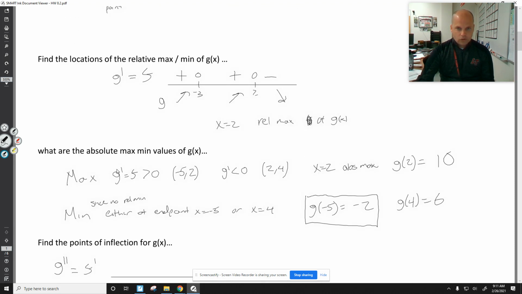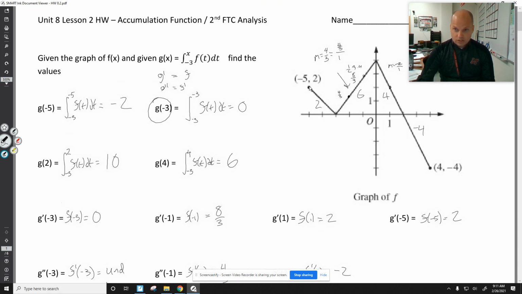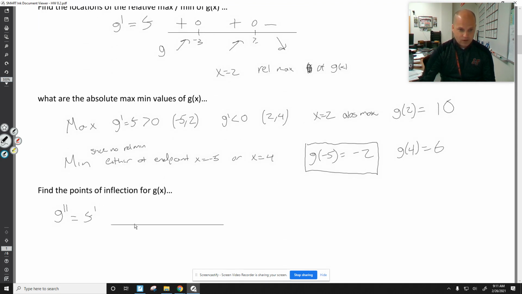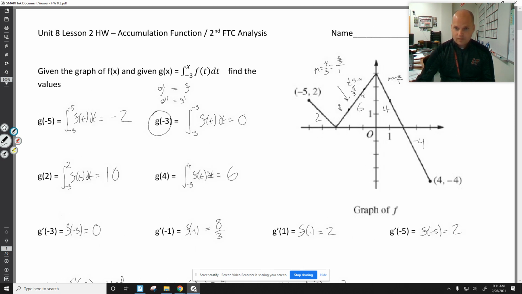Well, let's look at our graph. The slopes of F, which are F prime values, are negative. This slope is negative until negative 3. Now at negative 3, it's not 0. It's undefined. I don't know what the value is because it's a sharp point. That's okay because the slopes are negative and then the slopes change to positive. They are positive until we get to 0. The slope of this line segment is positive.